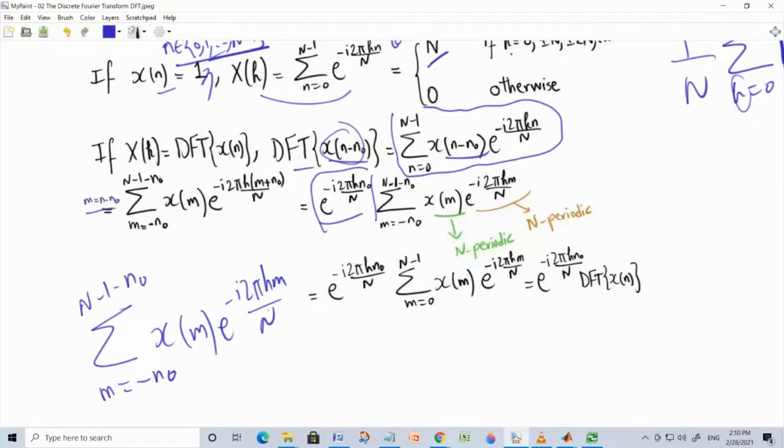It looks like it's not the DFT, but it is the DFT, right? This summation goes from minus n0 to N minus 1 minus n0. So basically, you have N terms in this summation. It's not from 0 to big N minus 1, but who cares?